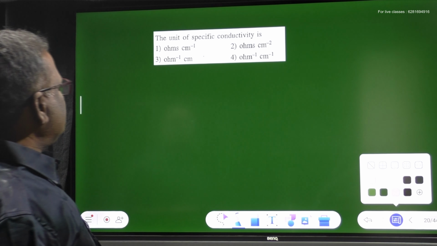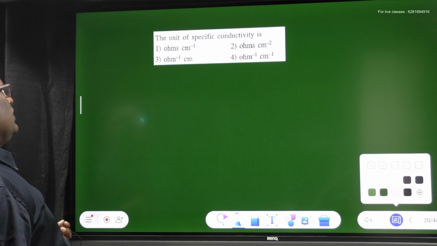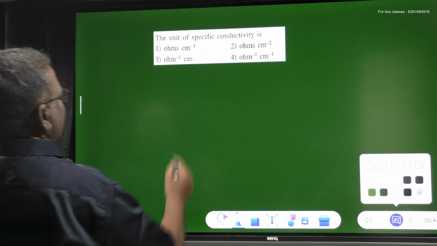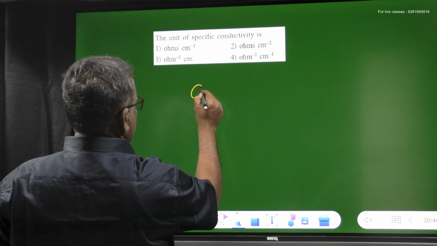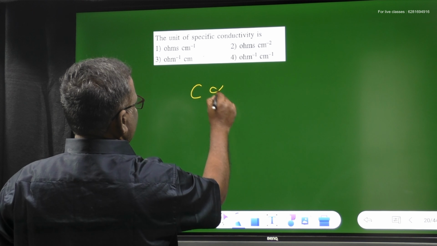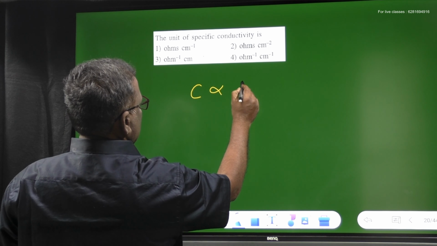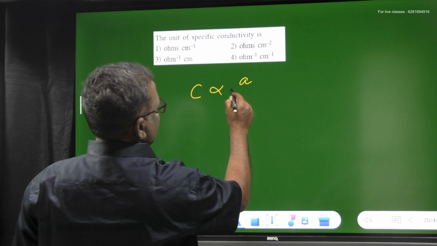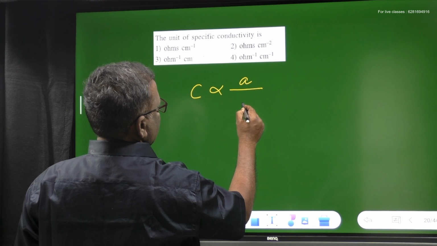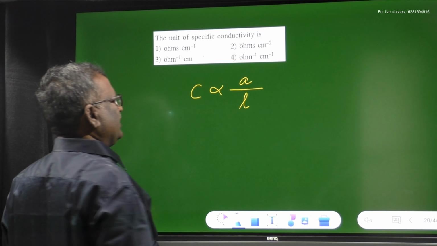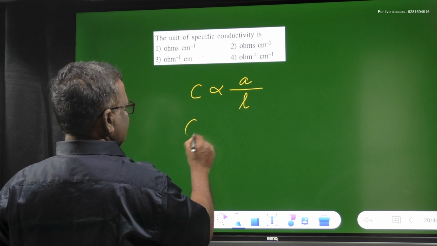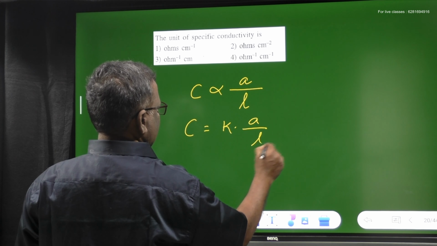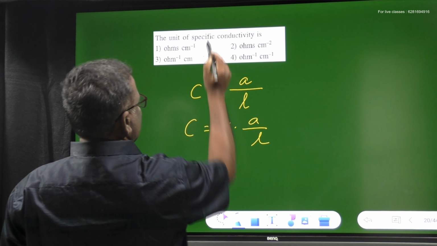The unit of specific conductivity. Specific conductivity means conductance C is directly proportional to area of cross section and inversely proportional to length, or we can write it as C is equal to K into A by L. Now they are asking specific conductivity.